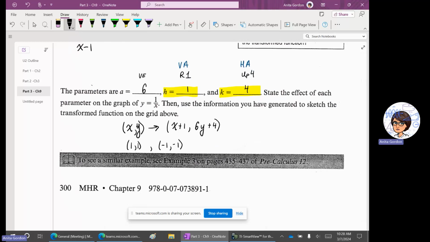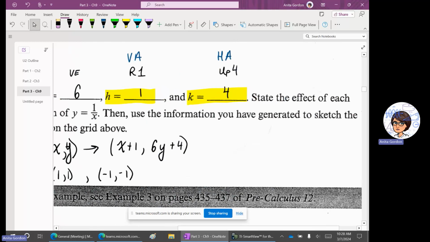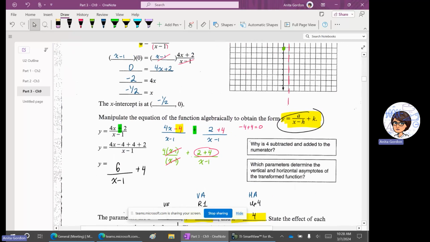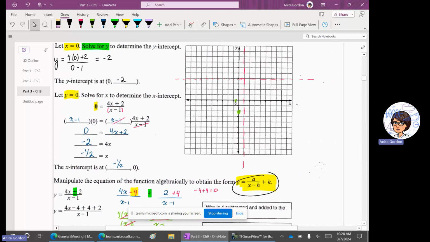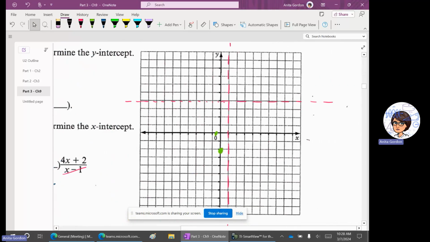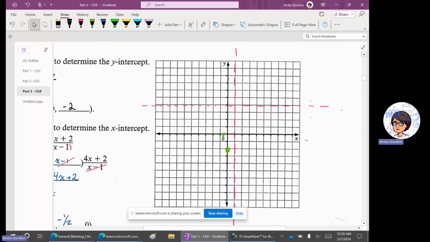In this particular question, it doesn't ask us to do so, so I'm not going to do it. I'm just going to use the information I have. I know my two intercepts and my two asymptotes, so I'm just going to connect the dots and do my best to draw a sketch of what I know the equation is going to give me.